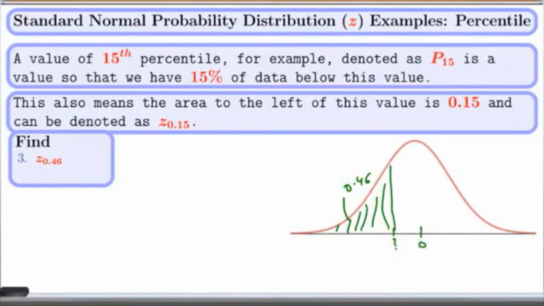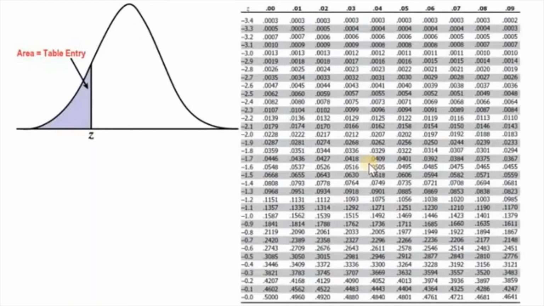Now we are ready to use the table. So let me pull up the table first. Now we will look for 0.46 among these tiny 4 decimal place numbers. The value closest to 0.46 that I can find on this table is this one, which is 0.4602, and its corresponding z-score is negative 0.100.